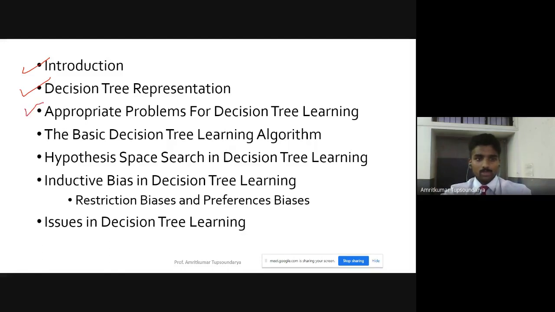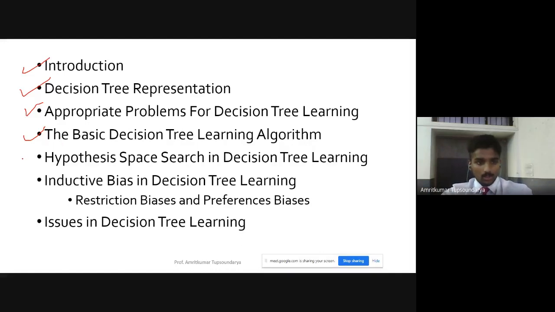The problems which are suitable for decision tree learning algorithms, and we also saw the basic decision tree learning algorithm. We took an example of ID3. We are working on the ID3 algorithm, how to construct an ID3, what problems are suitable for ID3 algorithms, and how to construct a hypothesis space, right?